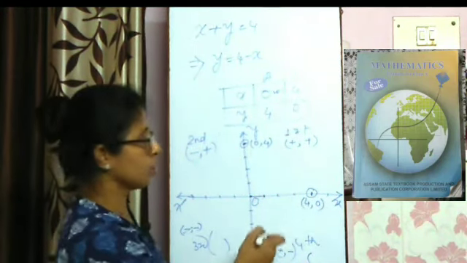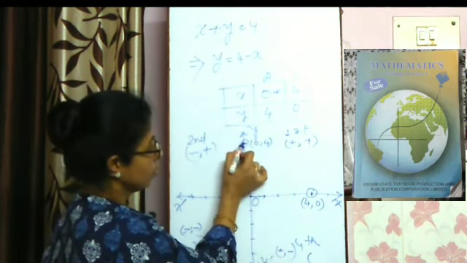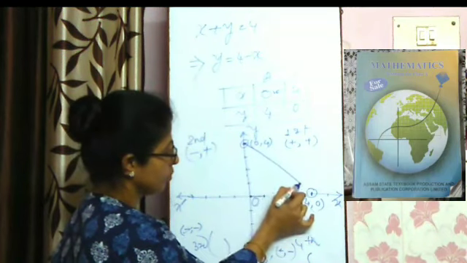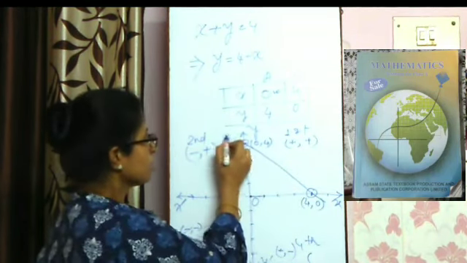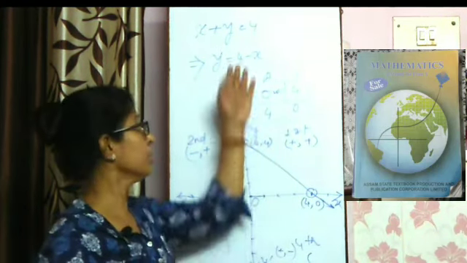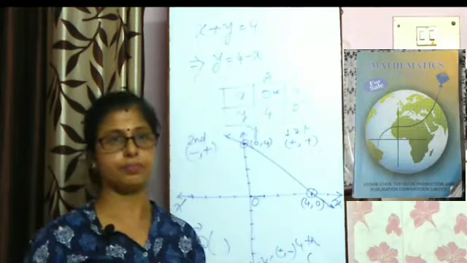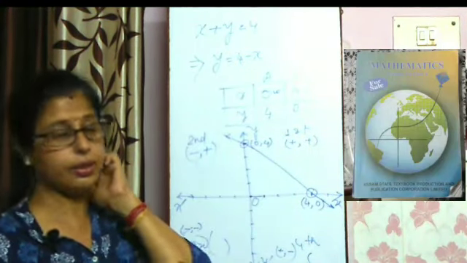Now if you are asked to draw a line or graph, what shall we do? We will join both the points and produce it. This will be the required graph of the given equation. So likewise, we can solve any equation.